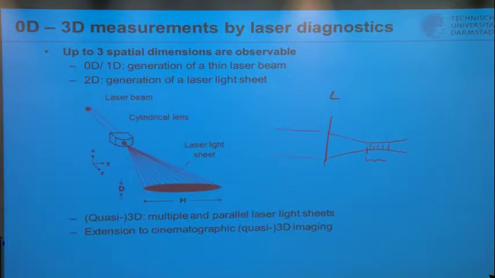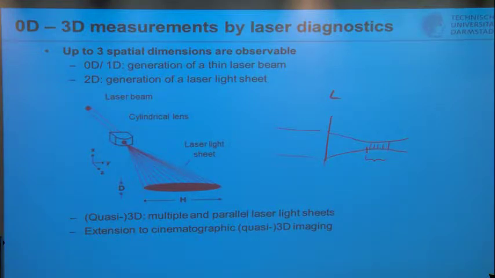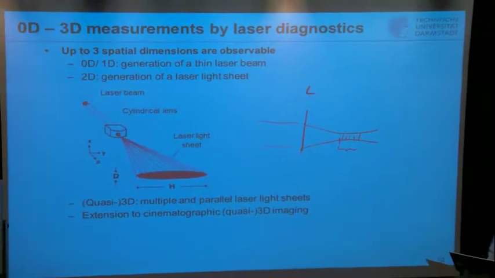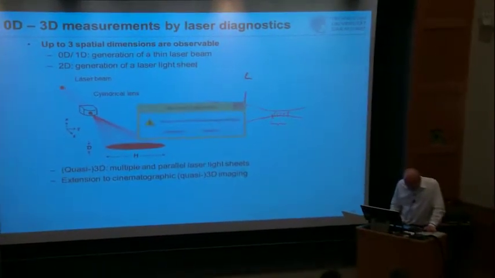I cannot give you a general solution to that. Sometimes a single lens is better, and you have only maybe a couple of millimeters where you have more or less a constant diameter. In other cases, it might be better to work with a telescope and then have less resolution perpendicular to the beam propagation. All right, that's a few more thoughts about these restrictions in optical diagnostics.